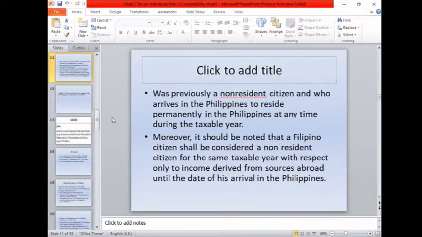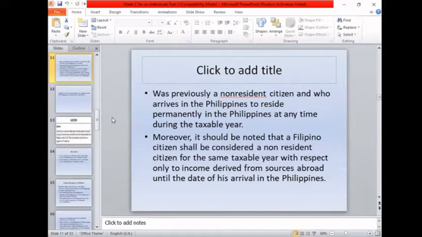So if during the taxable year, this is the note, okay, the note here. So there will be a change of status of your citizenship. So if you stayed from January up to June of 2021 here in the Philippines, you're to be called a resident citizen.